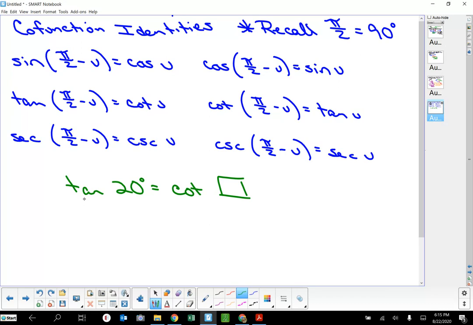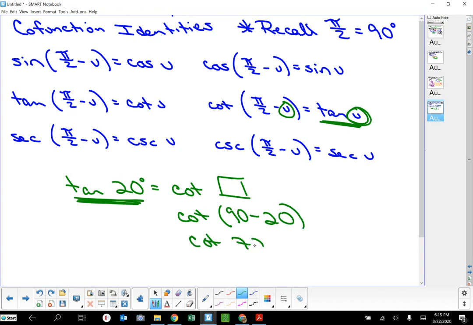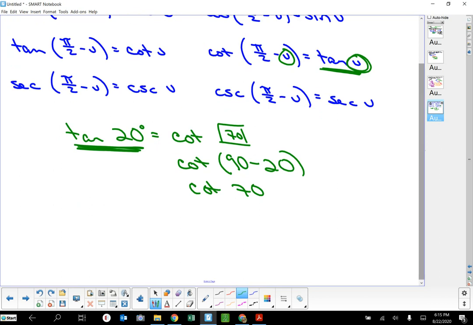So you know that the tangent of something is equal to the cotangent of pi over 2, or 90, minus whatever u is. So in this case, u is 20. So this would be cotangent of 70. And that's what would go right in that box right there. Okay, so that's how you can utilize these.